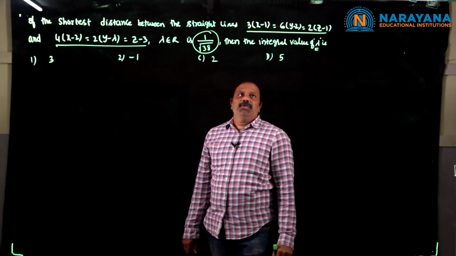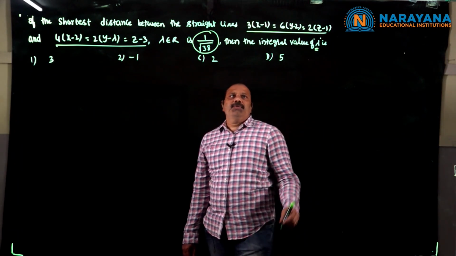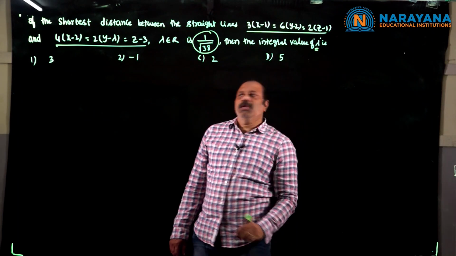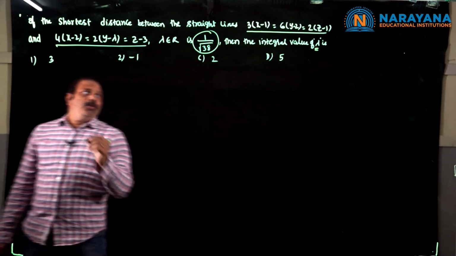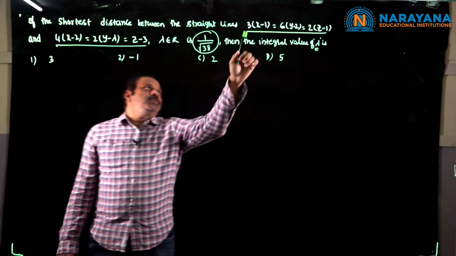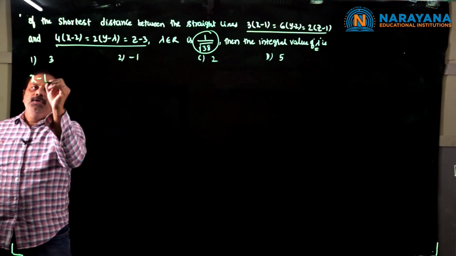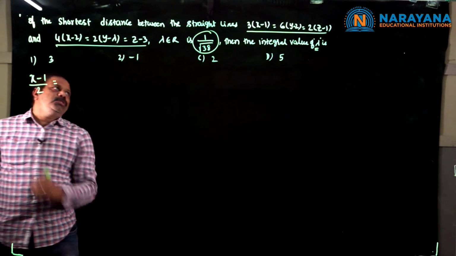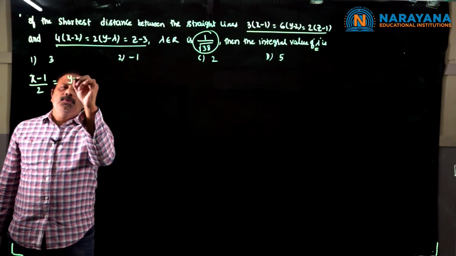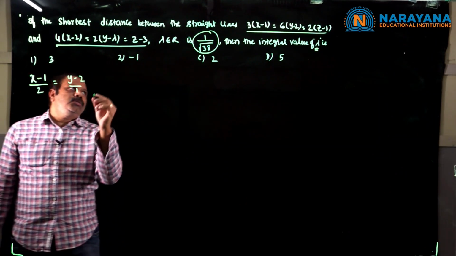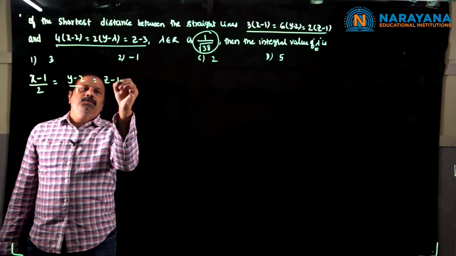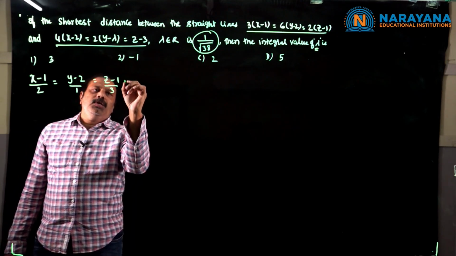So, the equations are given in Cartesian form. Let us convert this equation: for 3, 6, 2, the LCM is 6, therefore you can write this as (x minus 1) by 2 is equal to (y minus 2) by 1 is equal to (z minus 1) by 3. This is one line.